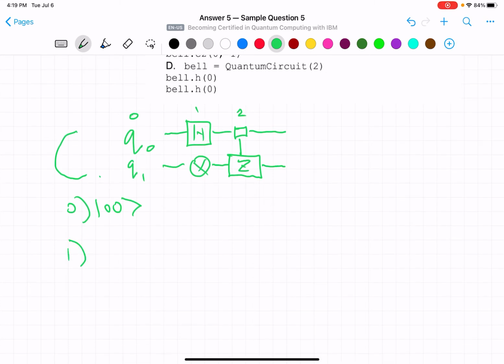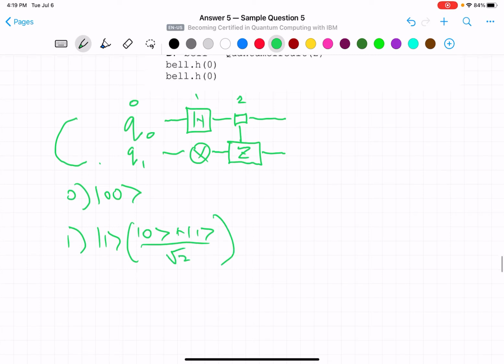So for step 1, after the initialization, we'll do the Hadamard on Q0, and on Q1, we'll do a NOT gate. And then we do a controlled Z gate on the system. So we'll try to keep it as a tensor product, but like we said before, we'll have to combine it since the Z gate's only going to act on part of the superposition.